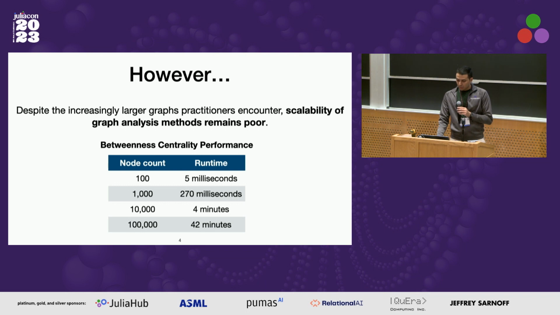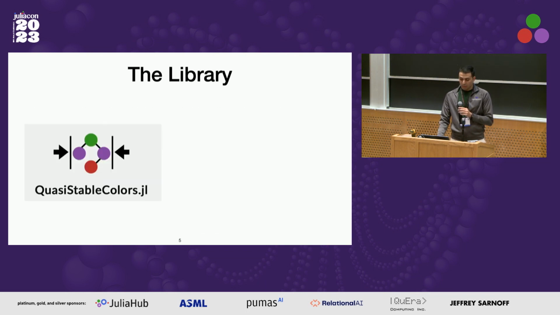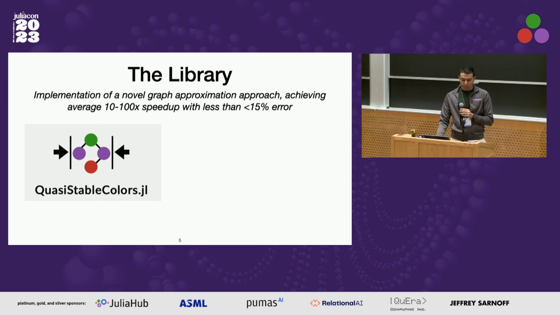Cool. So my pitch today is I want to talk to you about a library, available now that you can use, called QuasiStableColors. The reason you might want to use this library is it's an implementation of this graph approximation approach we've developed at the University of Washington, which lets you achieve a 10 to more typically 100x speedup if you can accept some error in your application.